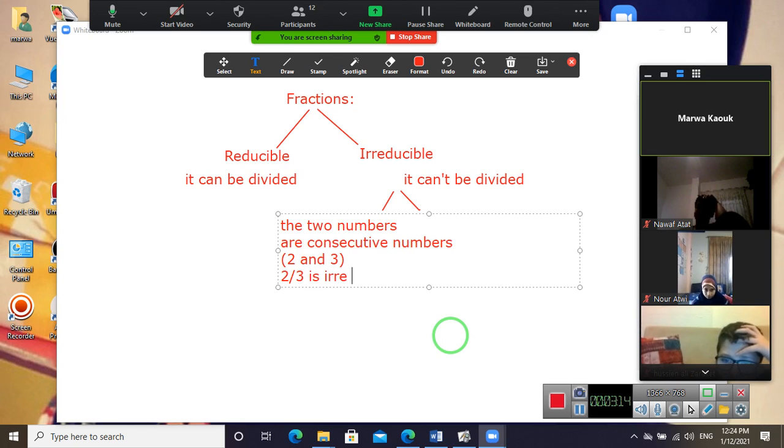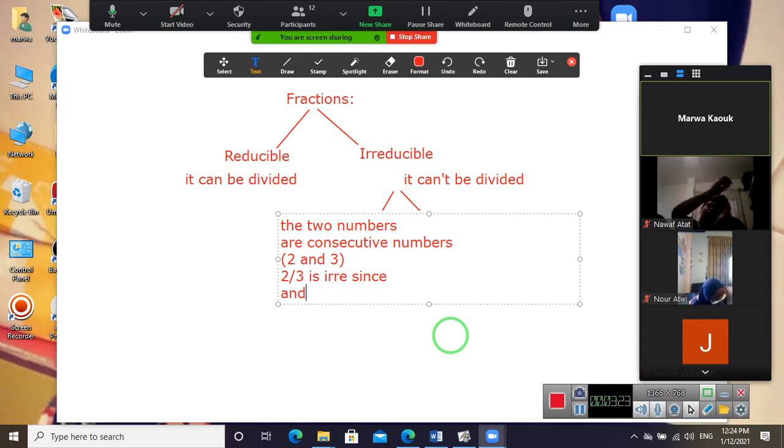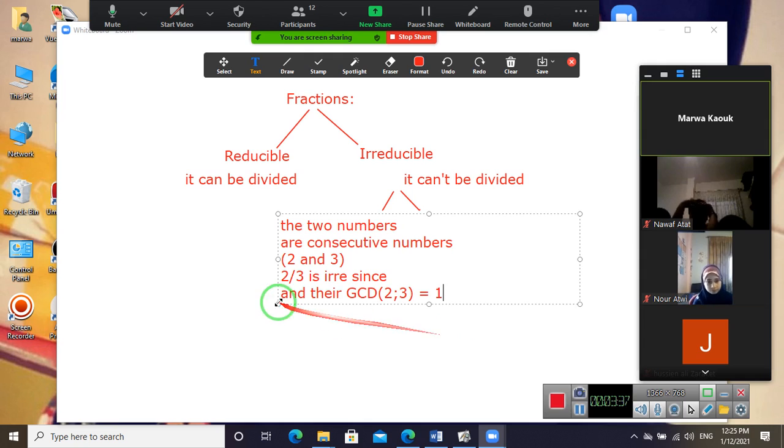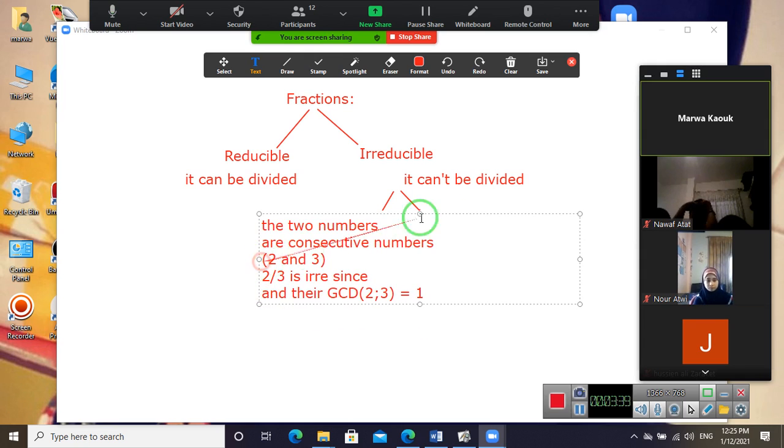It is irreducible since 2 and 3 are two consecutive numbers, and I will remind you that the GCD of two consecutive numbers is equal to 1. So I can say a fraction is irreducible when the GCD is 1, and we have two conditions to get a GCD of 1. First, if they are two consecutive numbers, it's irreducible, that means it cannot be divided, and the GCD is equal to 1.